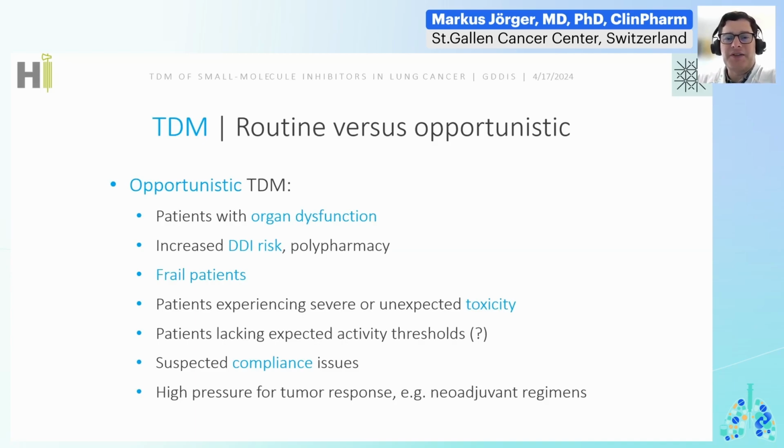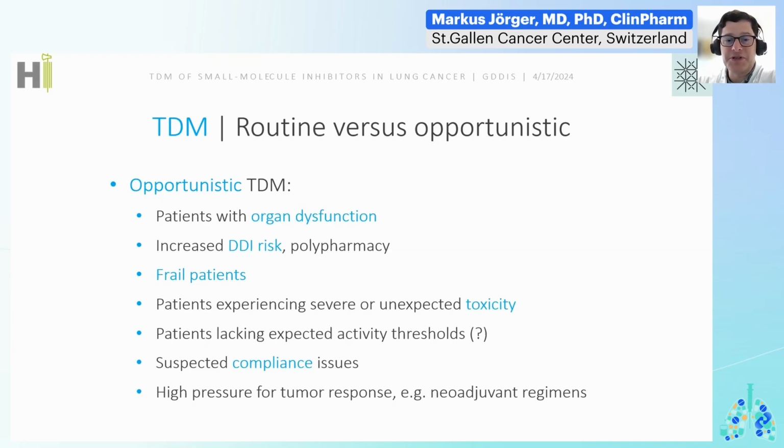Patients lacking expected activity thresholds, that's of course a difficult one because usually there we look at alternative treatment options and are tempted to switch treatment rather than to look at potential underlying pharmacological issues. Suspected compliance may be an issue.